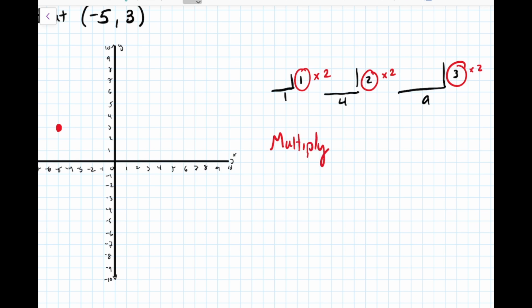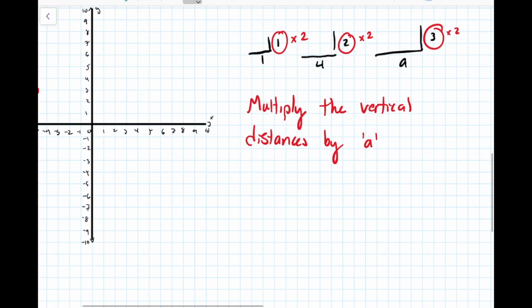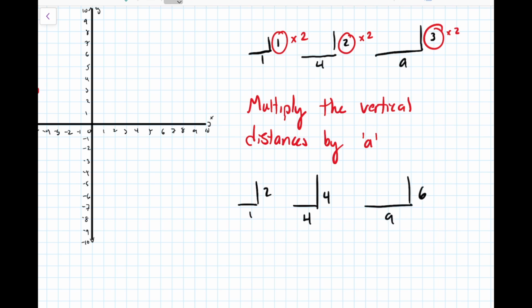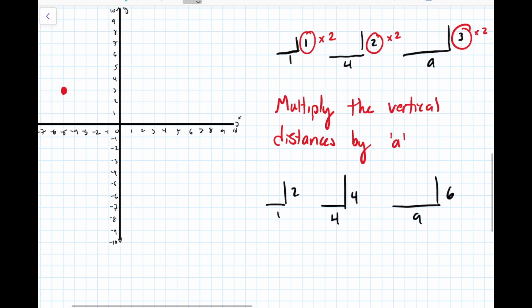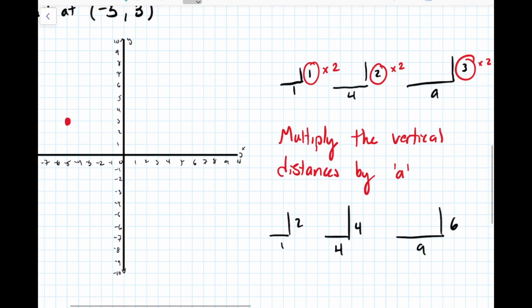So we multiply the vertical distances by a. And so our new pattern is going to be over 1, up 2, over 4, up 4, and over 9, and up 6.